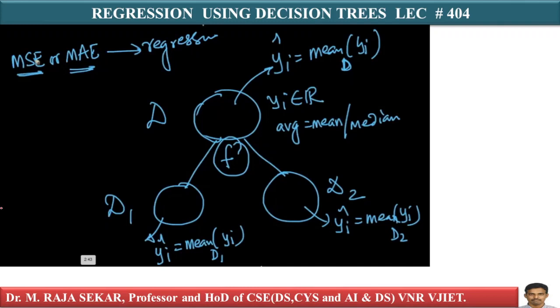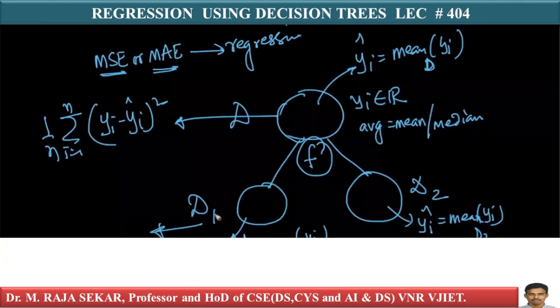It is the summation, sigma i equal to 1 to n, of yi minus yi cap whole square, times 1 by n. This is the square of the error, and this entire thing is the mean squared error at this stage.